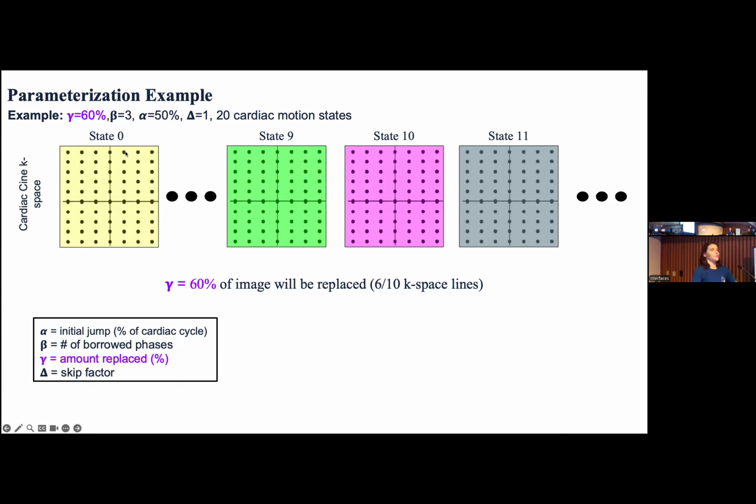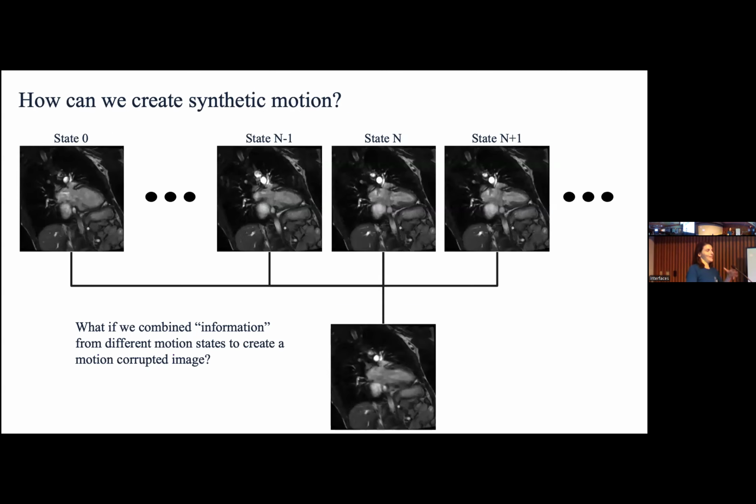So if the person is moving, and for the first line of K-space they're in one motion state, and for the second line they're in a different motion state, that's what's going to affect the image once we do the inverse Fourier transform. But maybe it's better just to think about the original example here, especially if you're not used to Fourier transforms, but it's kind of the same idea.